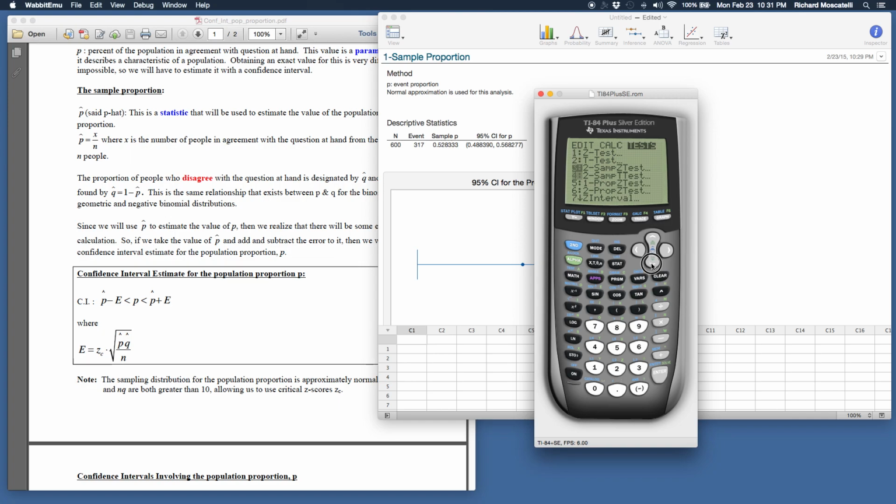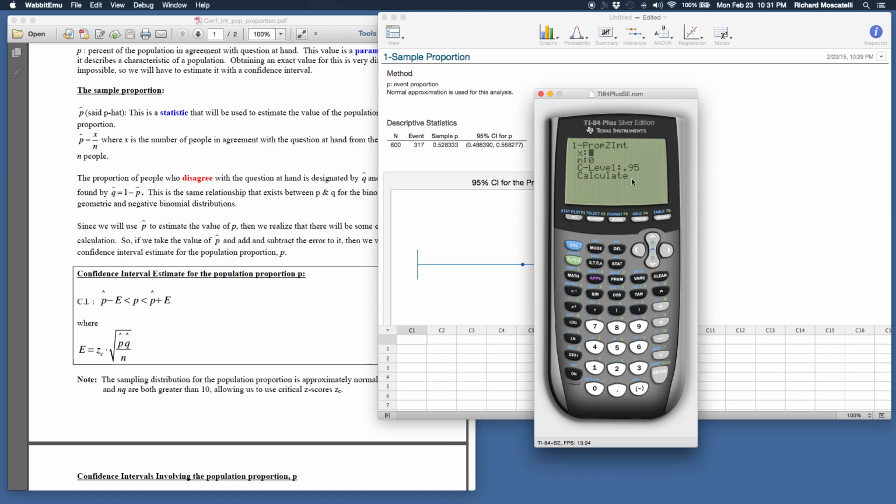I believe it's letter A. This calculator is really slow. Here we go, letter A. 1-PropZInt. Prop meaning proportion, Int meaning confidence interval, and notice it says z, because it's with z-scores. That's the normal approximation. So you select that option there.